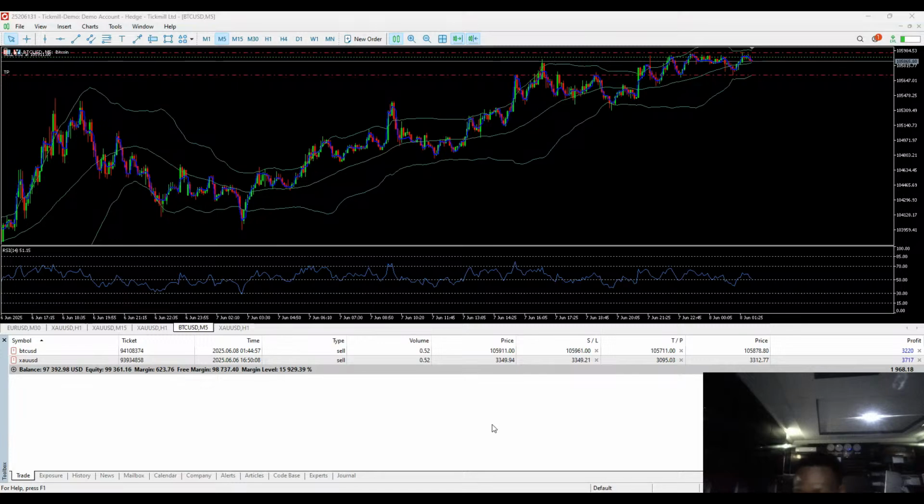We have 30 pips profits. We're running on 30 pips profits, ranging around 30. So spread is still very high.